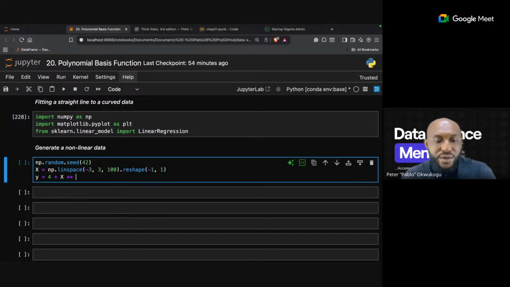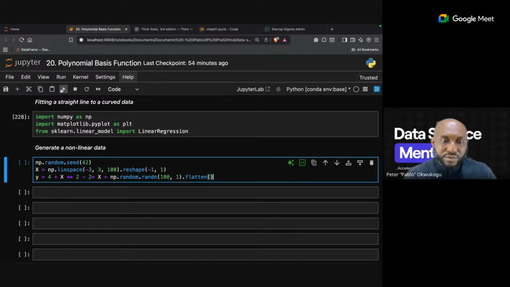Then we square it, subtract, multiply it by 2 times x. Then we'll add np.random.randn, some random features here, 100, by 1. Then we flatten it. Now, why are we flattening this? We flatten this because the target is just n samples. So they don't have features, it's just a target vector.